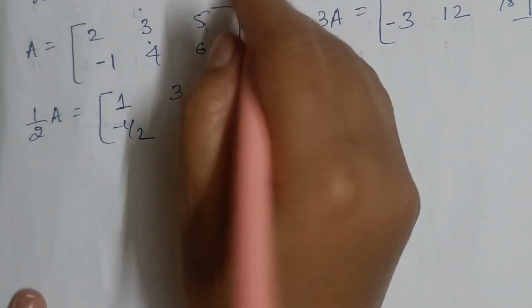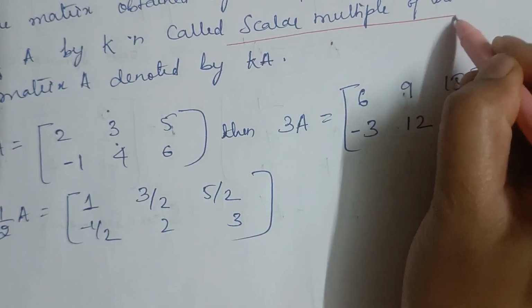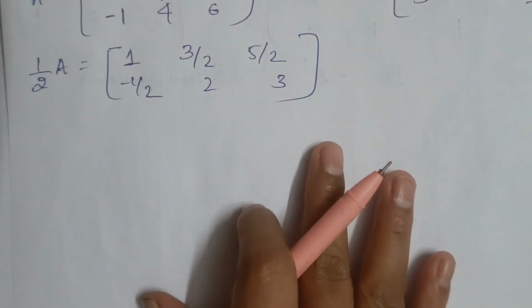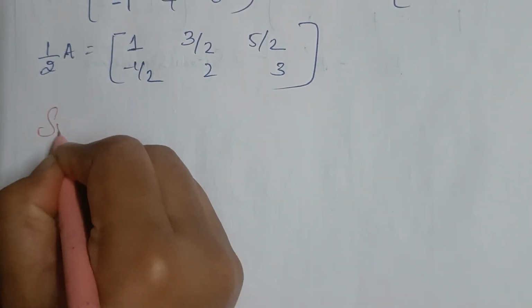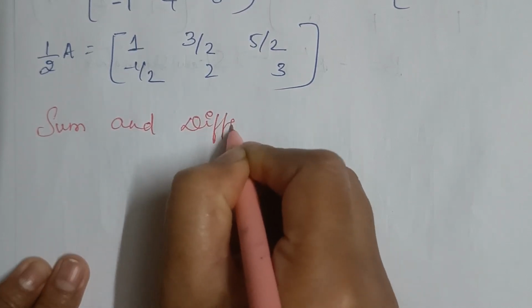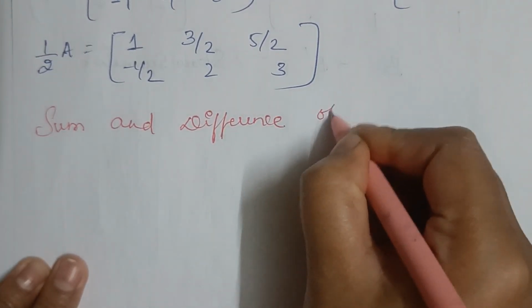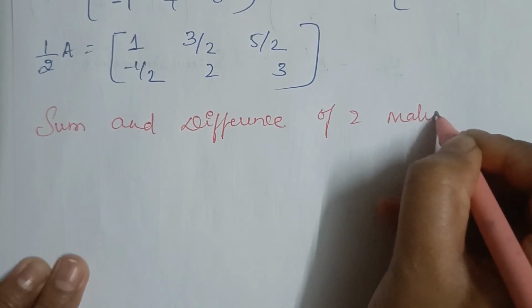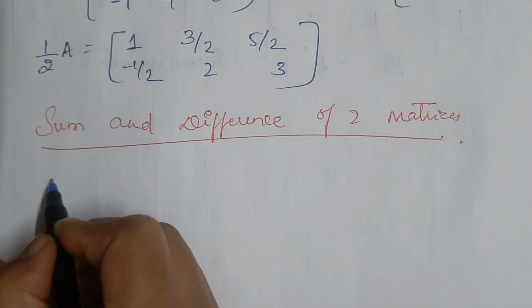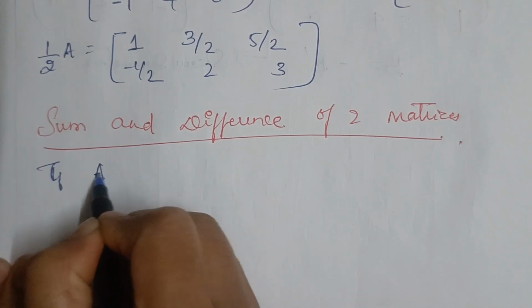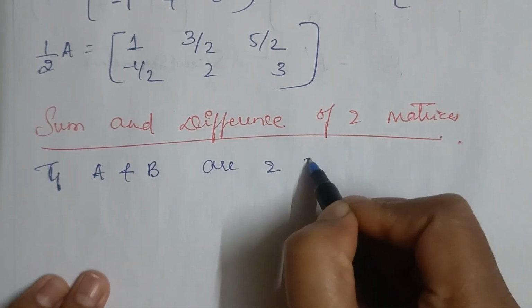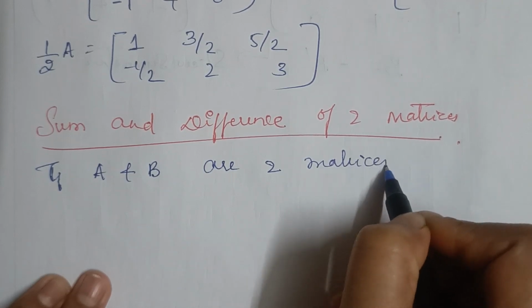Okay, so that was the scalar multiple of the matrix A. Now I have the sum and difference of two matrices. If matrix A and matrix B are two matrices, they should be of the same order.